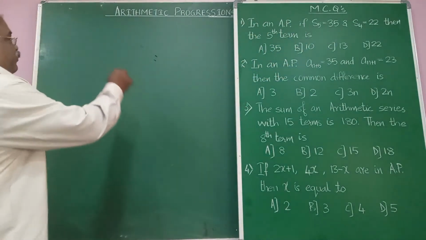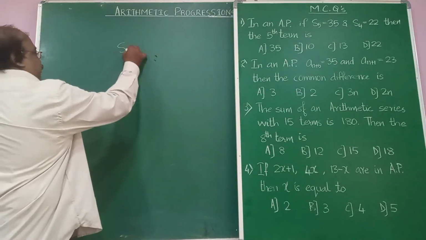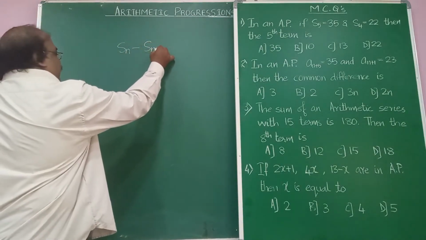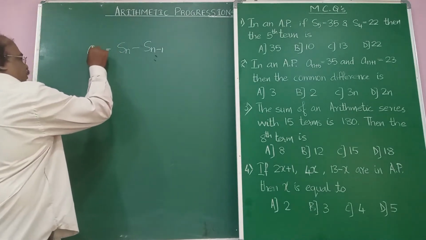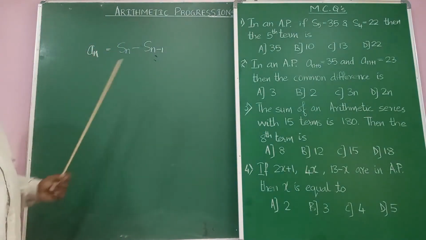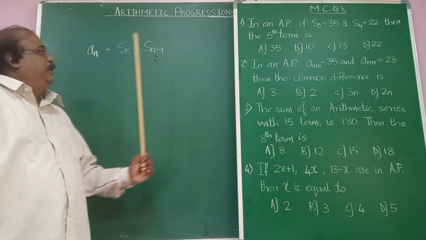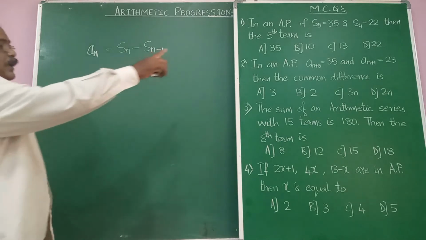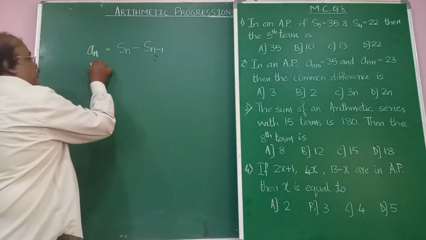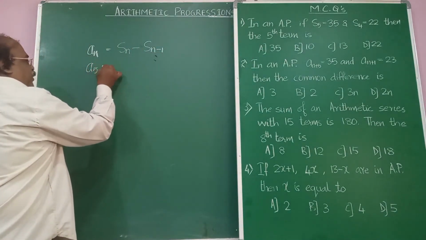The formula that I am going to use is Sn minus S of n minus 1 is equal to An. We know that An is equal to Sn minus S of n minus 1. I asked you for the fifth term. So what is A5?